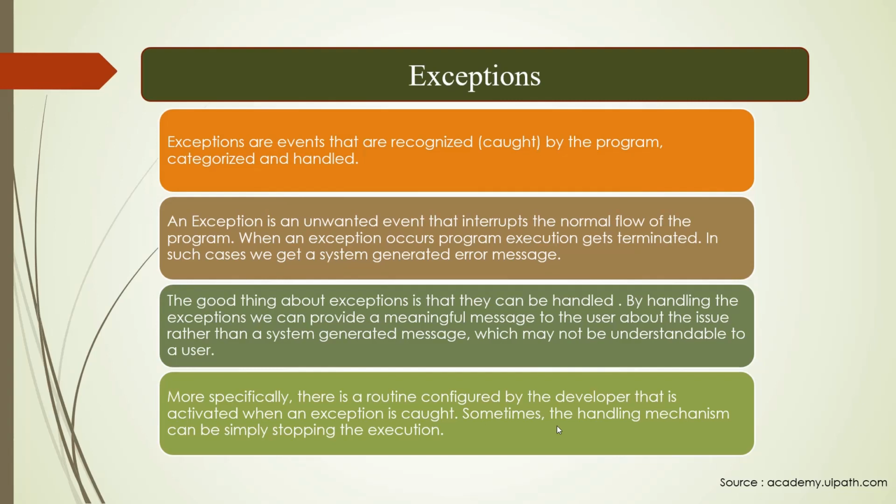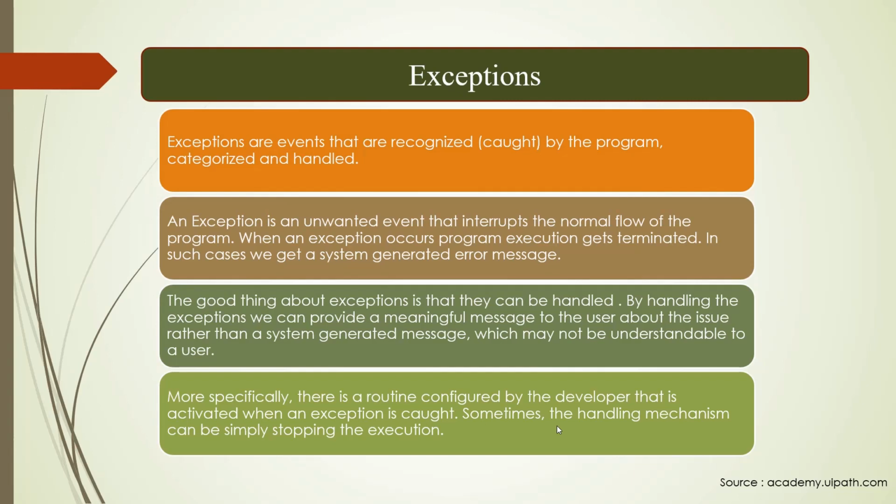Now, if I have to define an exception, I would define it as an unwanted event that interrupts the normal flow of a program. For example, my automation was supposed to do step 1, 2, 3, 4. At step number 3, I got an exception. That means my normal flow is now interrupted, and I have encountered an exception.